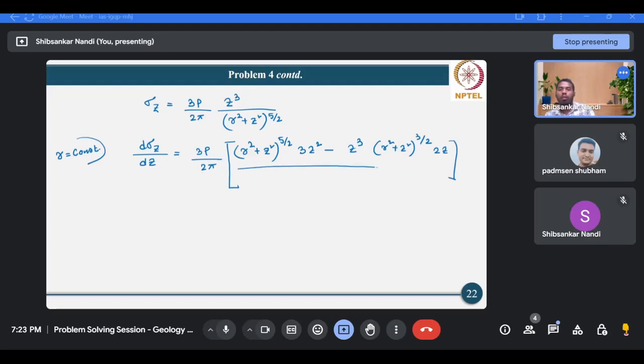Okay, v square means (r square plus z square) whole square. So this you have to equate to 0.